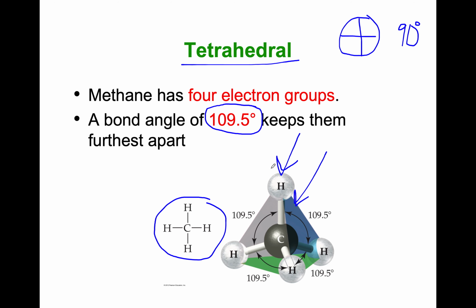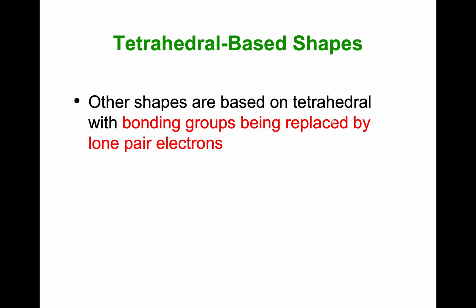So those are the basic shapes. We had linear, trigonal planar, tetrahedral. There are some other shapes, and that's based on when we have lone pairs. So these are tetrahedral-based shapes that we're going to talk about. When we replace the bonds with lone pairs, it keeps the electron region, but the molecule shape looks different.